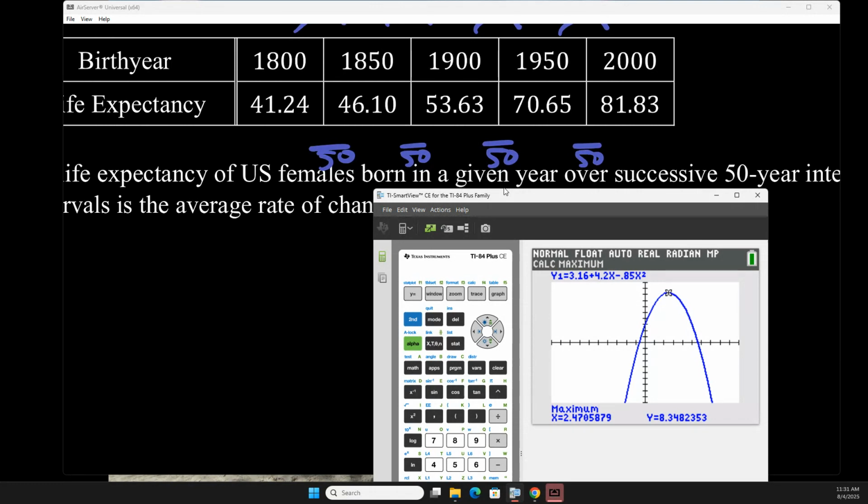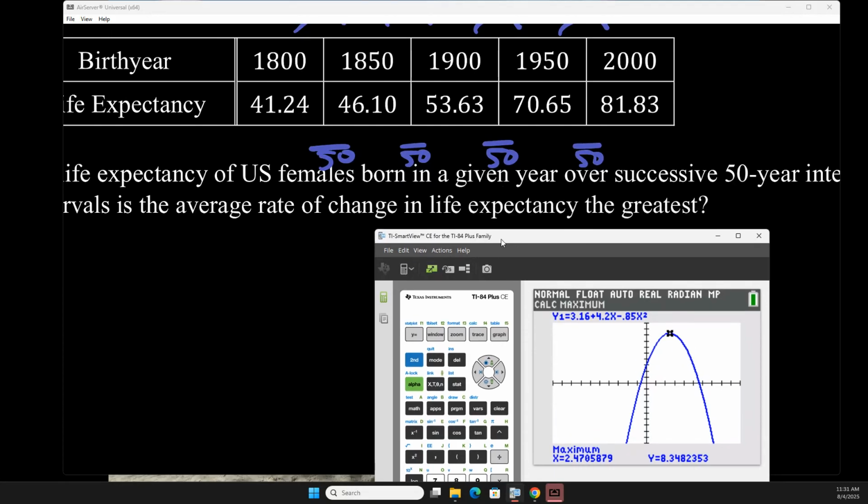To find the top, and I'm going to let you guys just trust me, we're going to take the 46.10 and subtract 41.24 from it. If you do that, you get 4.86. And then for the next one, we're going to take 53.63 and subtract 46.10.